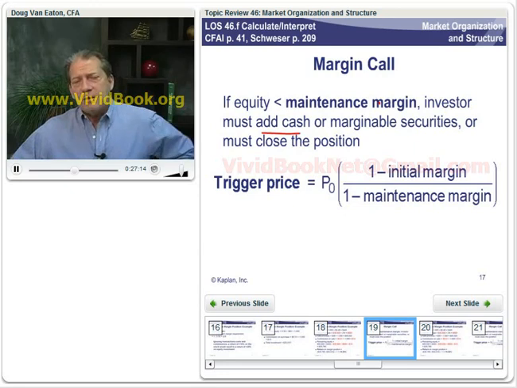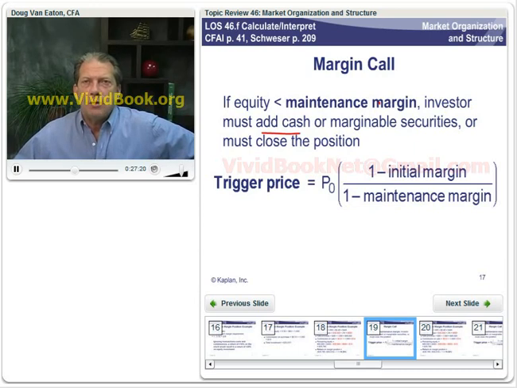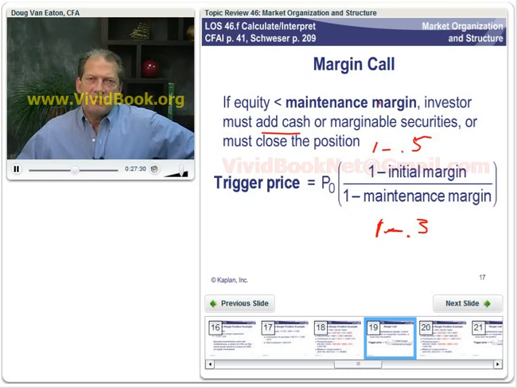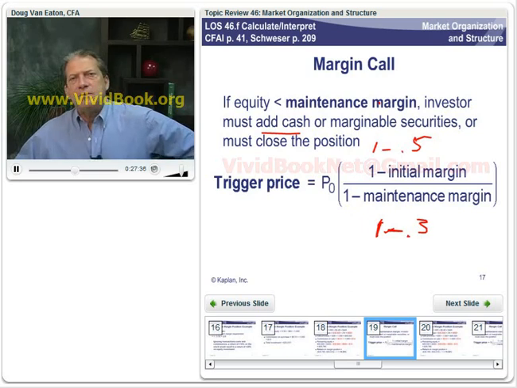Now, here's the formula for it. 1 minus the initial margin over 1 minus the maintenance margin, so we could go 1 minus 0.5 over 1 minus 0.3 if 30% were the minimum maintenance margin here.